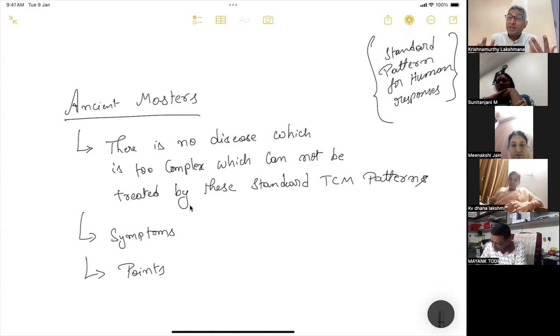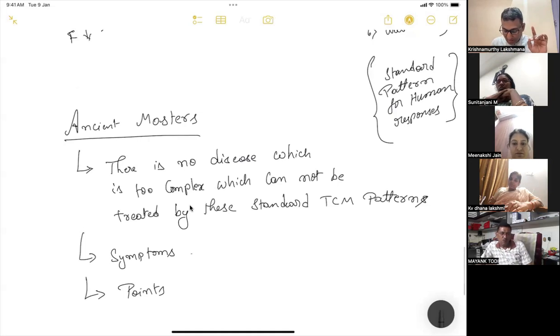Do I have to invent points, figure out points, create points? Nothing. I don't have to do that. The only thing is I have to see the symptoms and see what is the pattern, and then apply these standard points. That's it. As simple as that.